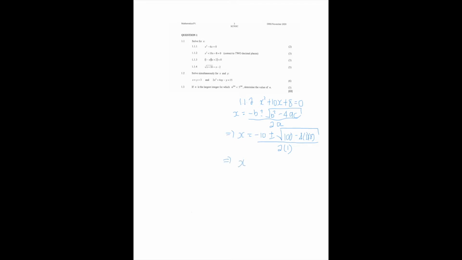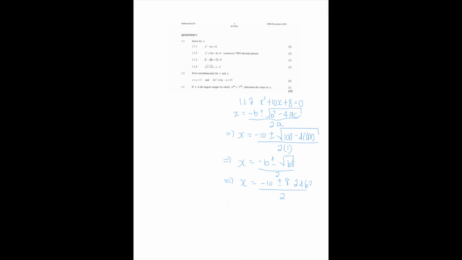Okay, so a step further, x is equal to minus 10 plus or minus the square root of 100 minus 4 times 8, which is 32, and that gives us 68, all over 2, which means that x is equal to minus 10 plus or minus the square root of 68, which is around 8.2462, all over 2.